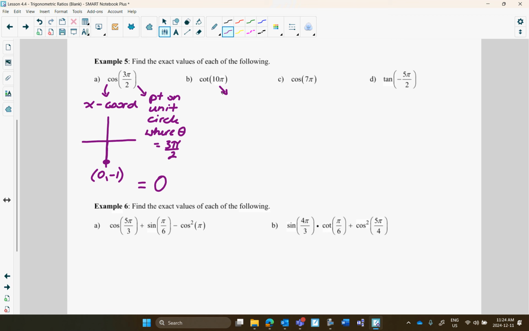Well, how many 2 pi's am I going to have to minus? I'm going to have to minus 4 times 2 pi. Because if I just subtract 1, I'm at 8 pi, still too big. Subtract another one, 6 pi, still too big. Subtract another one, 4 pi, still too big. Subtract another one, 2 pi. That's good.